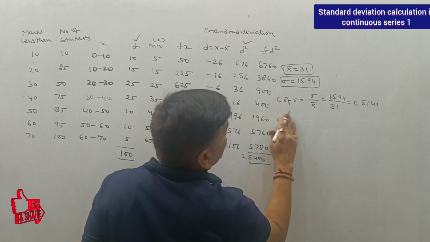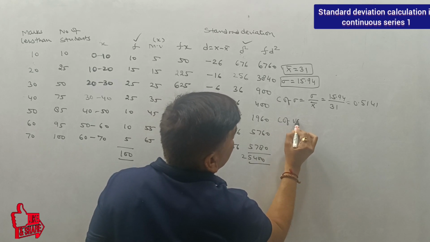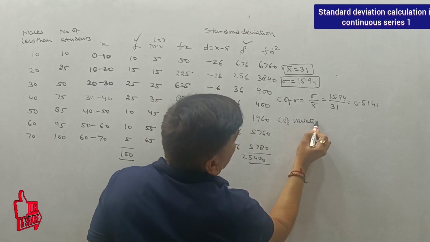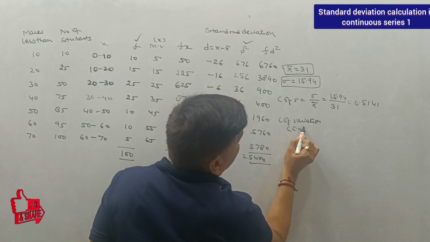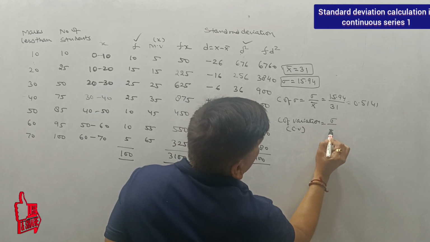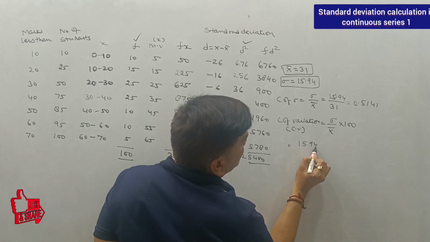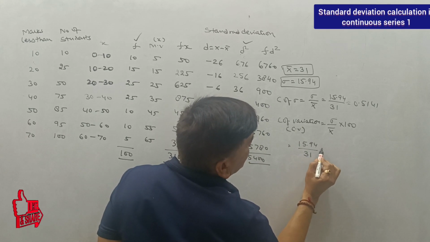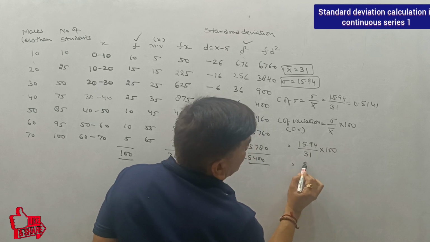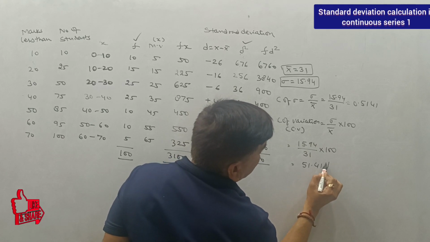Coefficient of variation, we call CV, that is standard deviation divided by x bar multiplied by 100, that is 15.94 divided by 31 multiplied by 100, that is 51.41%.